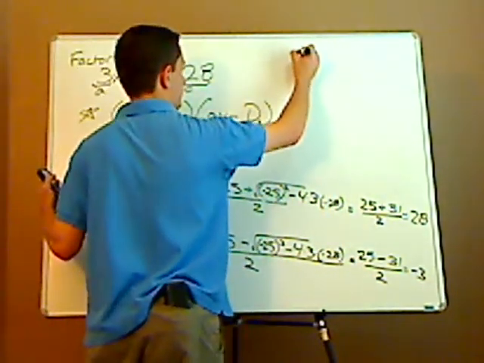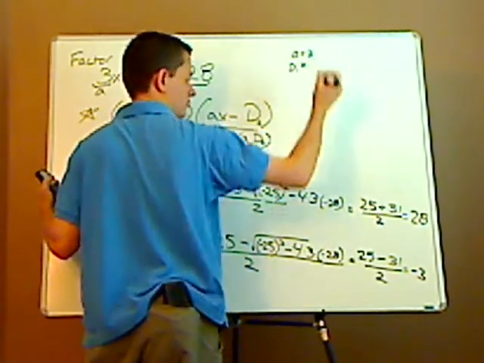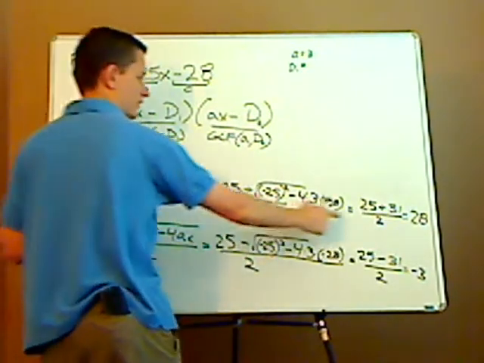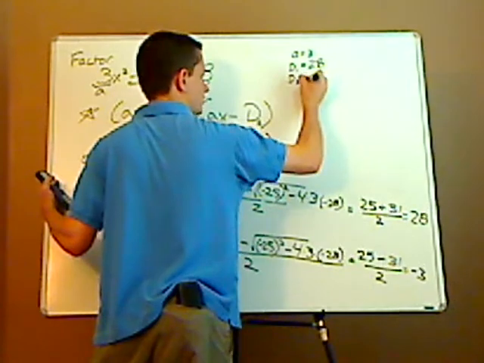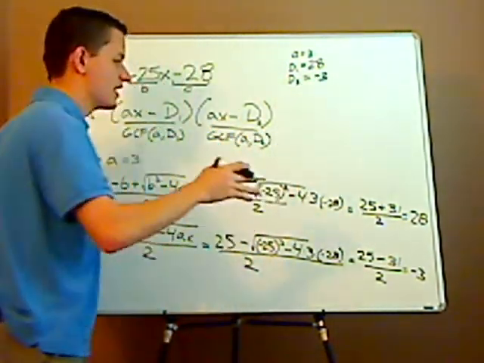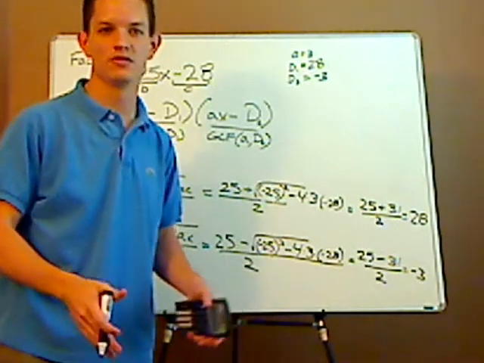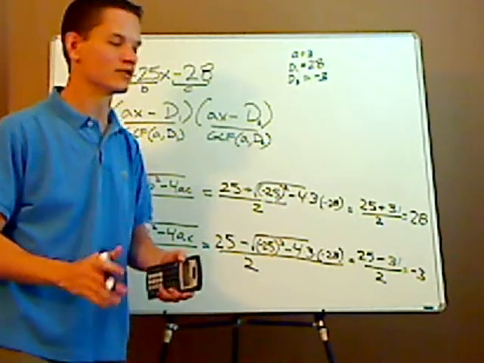I know what my A is. My A is 3. D1 is this long thing, so that's 28. D2 is negative 3. Notice I didn't have to do any listing of factors or trying to find the sum or the difference of the two or anything like that. I'm just plugging in numbers.